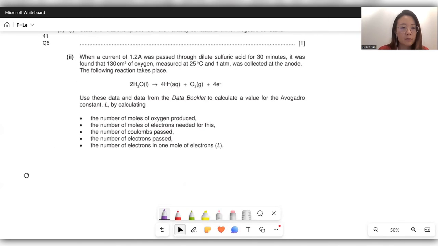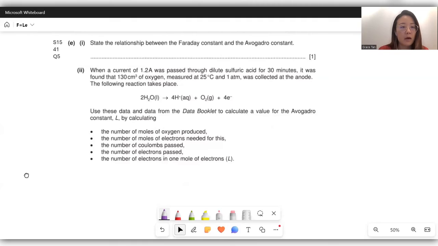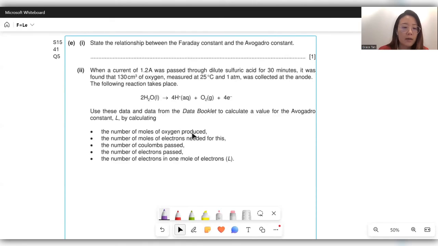is taken from summer 15, 41 question 5. Now, this particular question, especially for part 2, I think it may come easy for some, it may be difficult for some. The reason is, as you can see, the question is broken down into bullet points. It's very specific. So the marks are awarded based on you answering the individual bullet points.